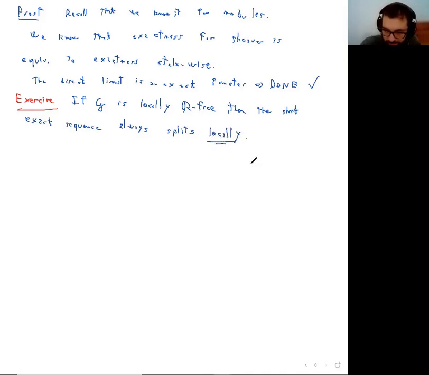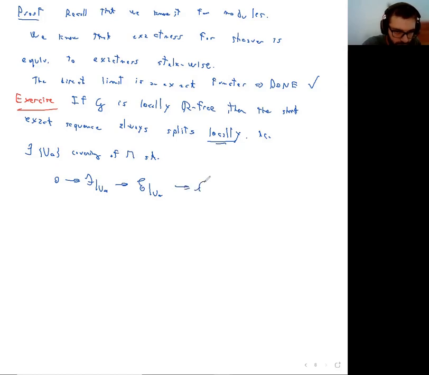Important. So what does it mean locally? That there exists, let's say, a covering U alpha of M such that the sequence splits on each U alpha. Okay. And again, if you're not super convinced about this, you can work out the details of this one because the proof is really the same.